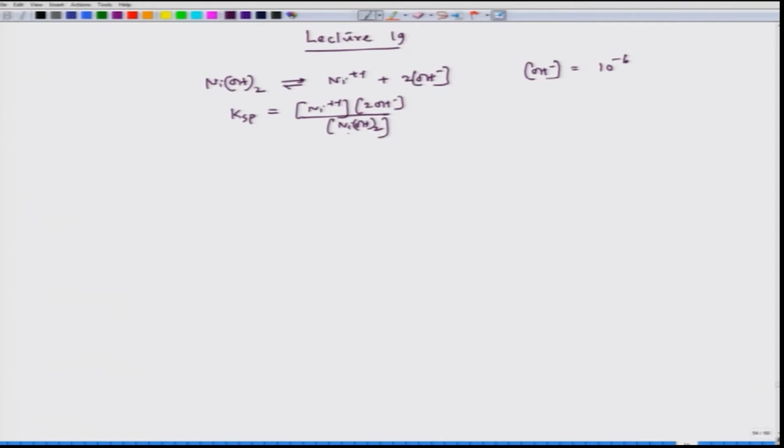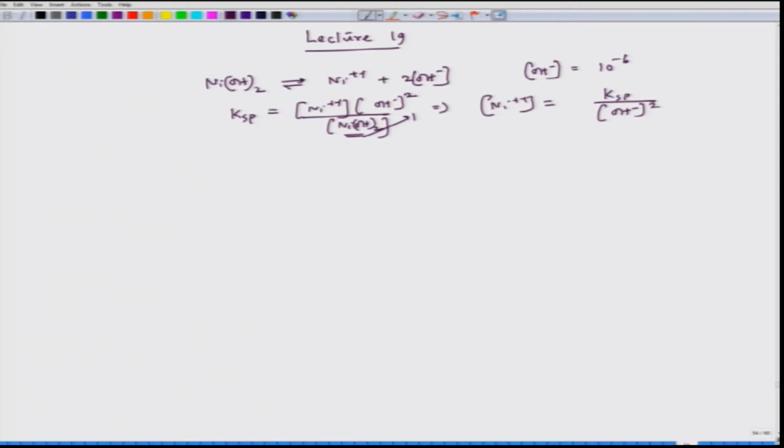Now, this is a solid product which is precipitating out, so we can consider it to be 1, and then we get the Ni++ ion concentration, which is Ksp divided by OH⁻ ion concentration. Here we made a mistake: this 2 should be a square, because we are considering the dissociation constant.